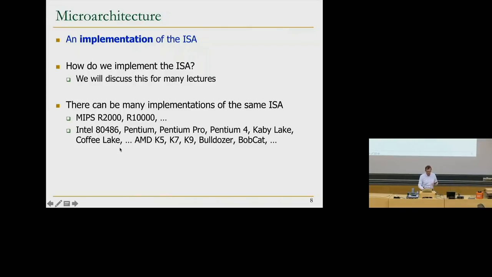But even the younger ones are not the youngest ones today, right? And AMD has many other implementations also. So these are essentially implementing the same ISA. Now that's not absolutely correct because ISA also changed over time, but the core of the ISA is the same. There are extensions that are added to the ISA as you go from 1980s to 2020s, for example.